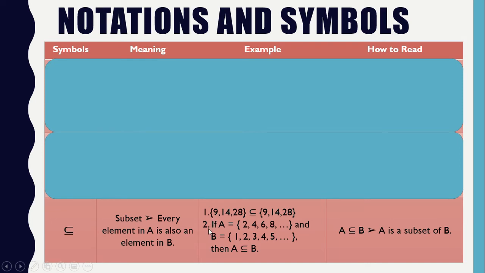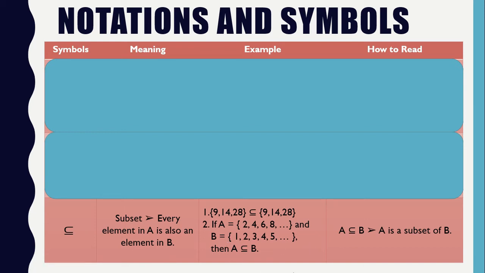Next, example 2. If set A is equals to 2, 4, 6, 8, ellipsis, and set B is 1, 2, 3, 4, 5, ayan. So, if we're going to describe set A, set A is the set of all positive even numbers, samantalang ang set B naman is the set of positive numbers.